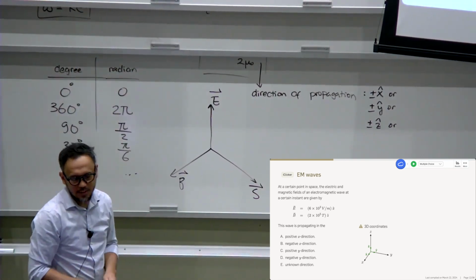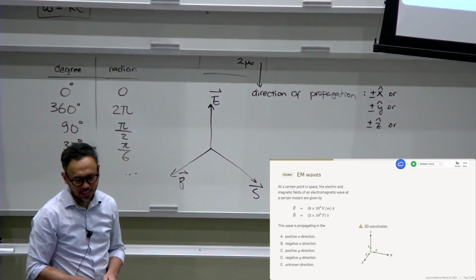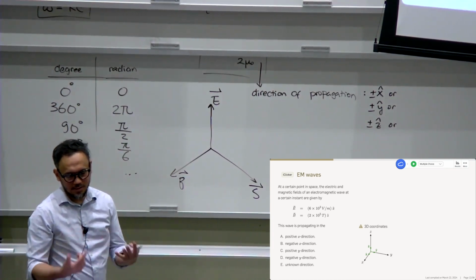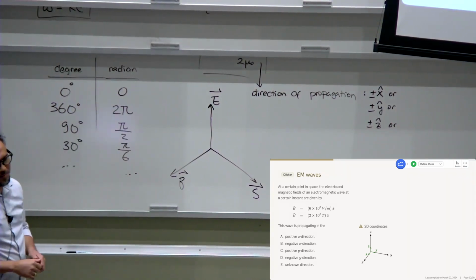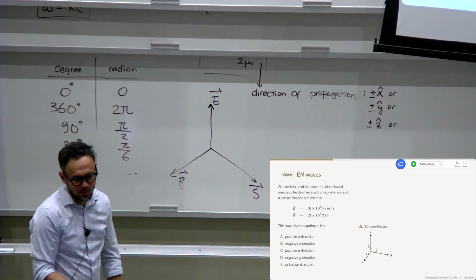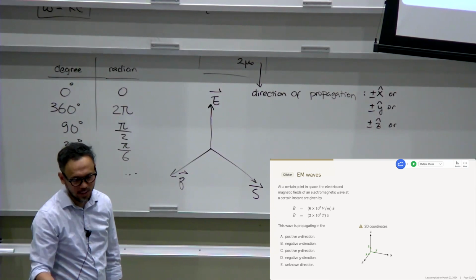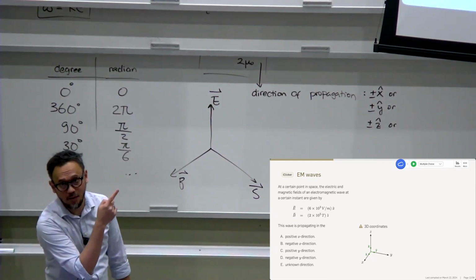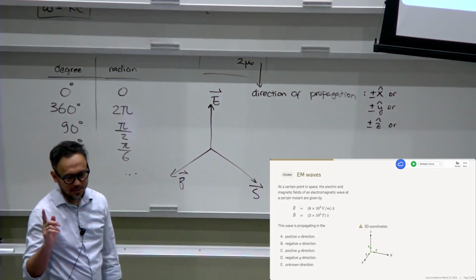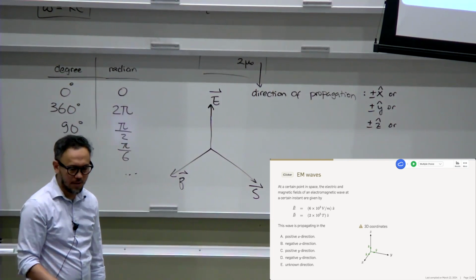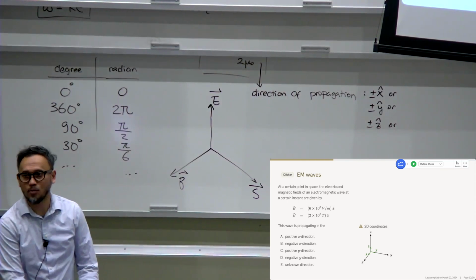The electric and magnetic field of an electromagnetic wave at a certain instant are given by something along the x-axis and something along the z-axis. For this problem, all you care about is the direction of the fields, which is x and plus z, because I can put negative signs there if I want to. The wave is propagating in the positive x, negative x, plus y, negative y, or unknown direction. Any question before we start?